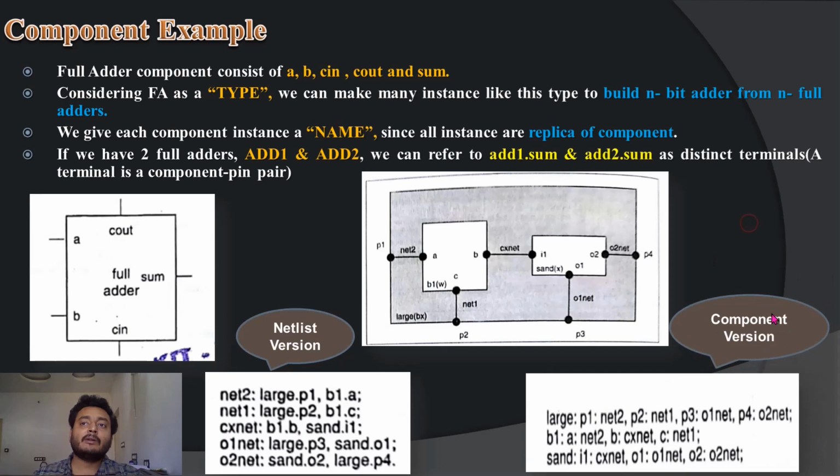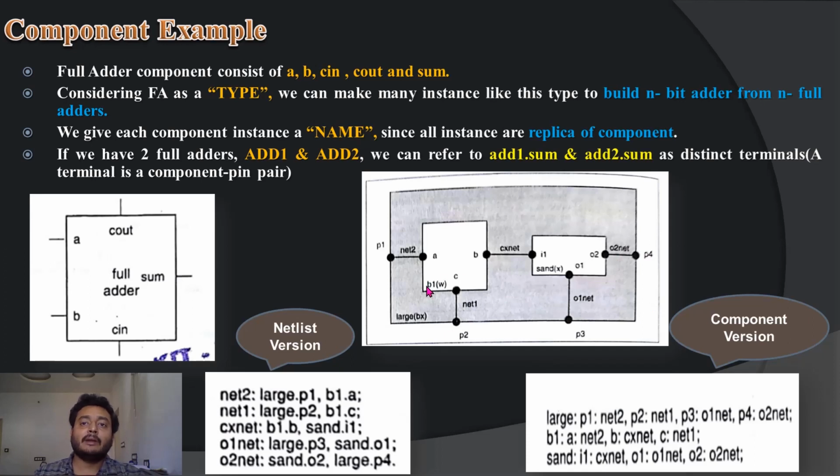Okay, similarly we can go for the component version of writing. In the component version, this is one component, this is one component, so there are 3 components here, right? So the large component is there, this b1 complex component is there, and your sand component is there. In the large component, P1 is connected to net 2, and you have P2 for net 1, P3 for O1 net and P4 for O2 net.